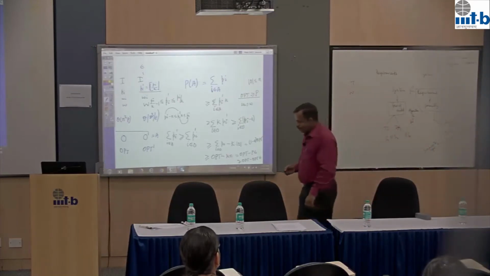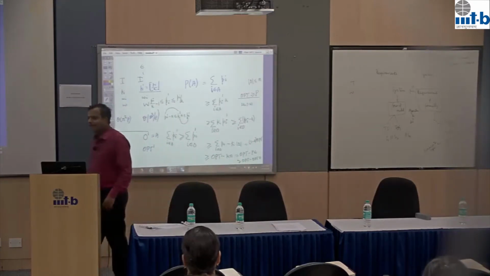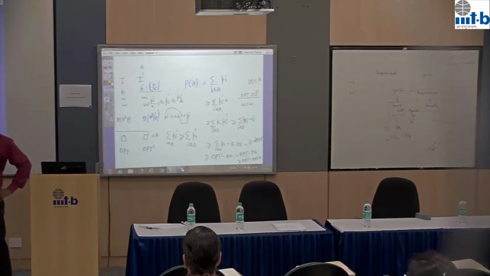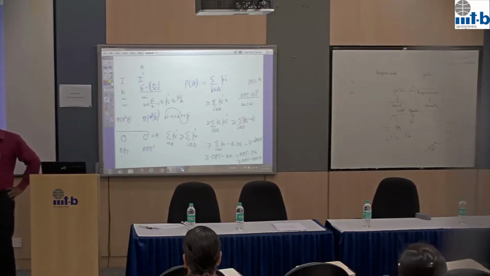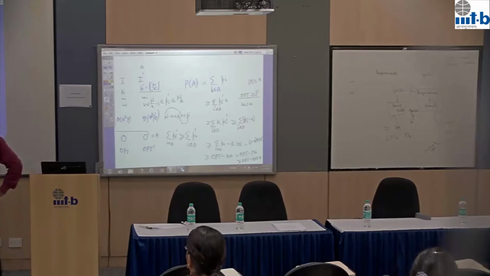But if you choose a k which is very large, then the numbers are all going to be small, so the dynamic programming table is also going to be small. But once you solve the dynamic programming problem, you may not get very close to the optimum. So there is a trade-off.